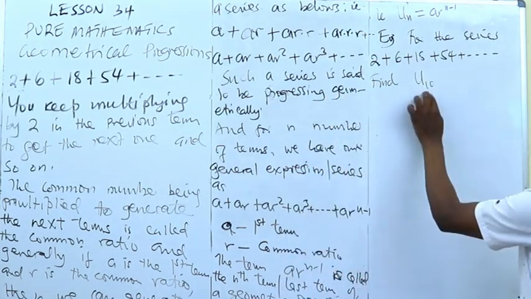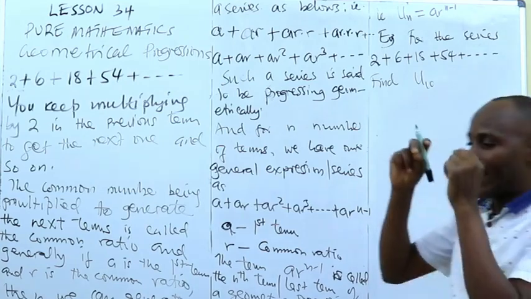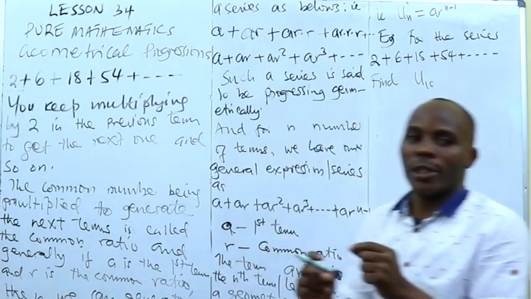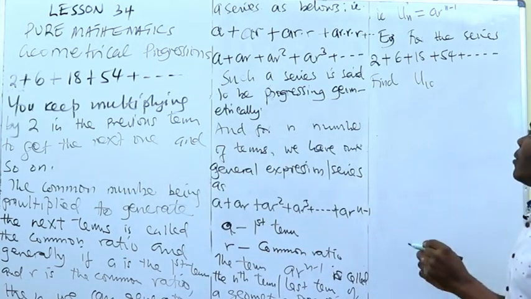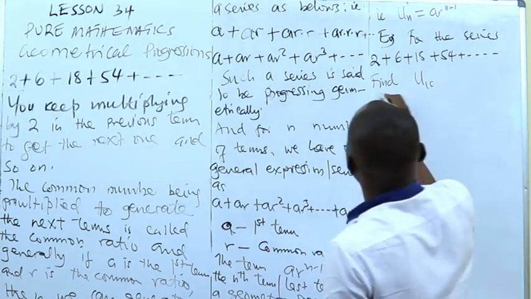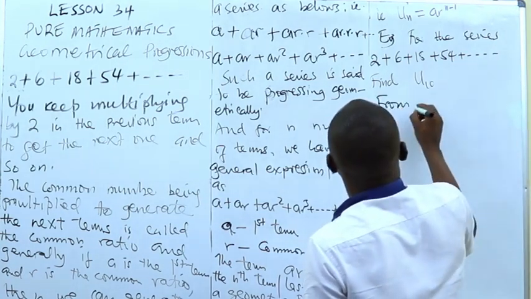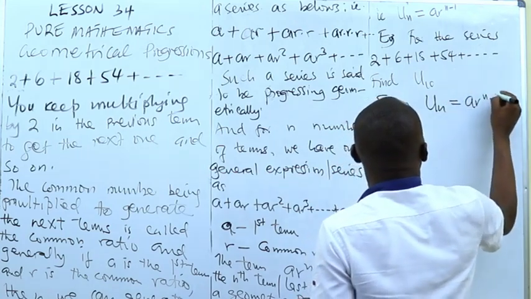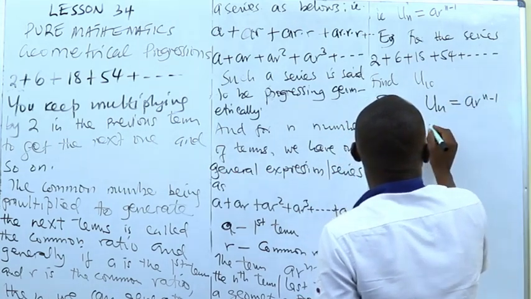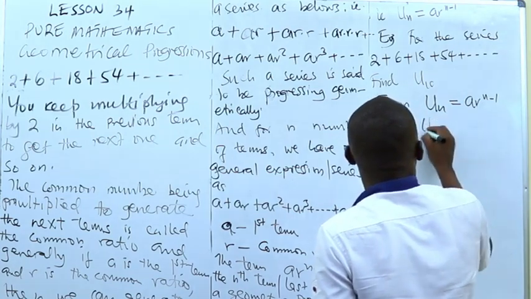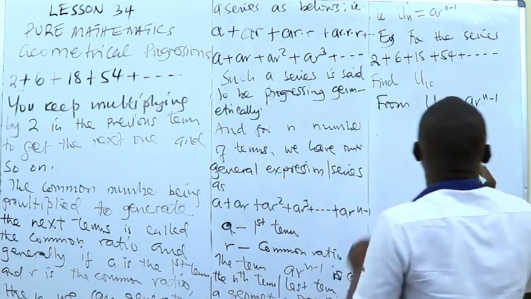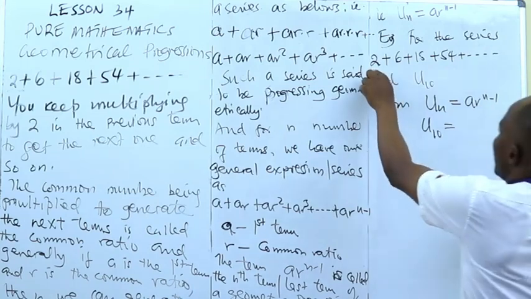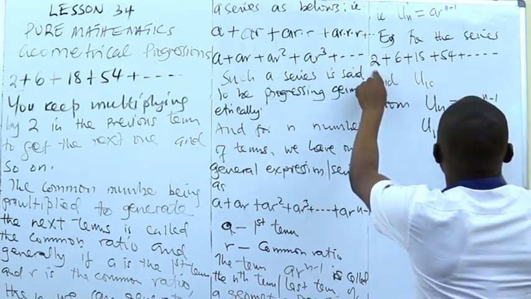Now U10 means you are looking for the 10th term. So from Un, which is AR to the power n minus 1, we have U10, where the first term is a 2.